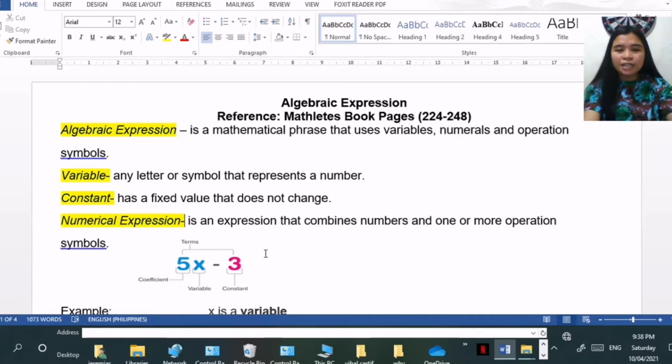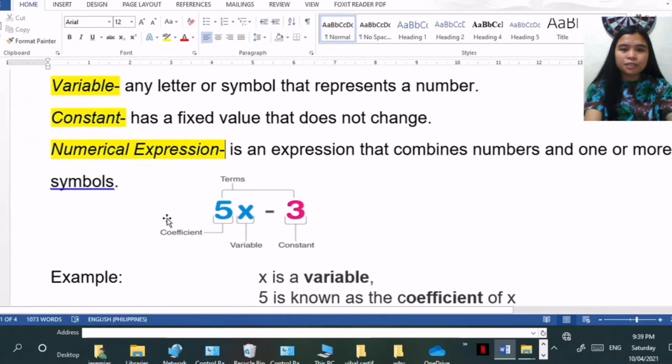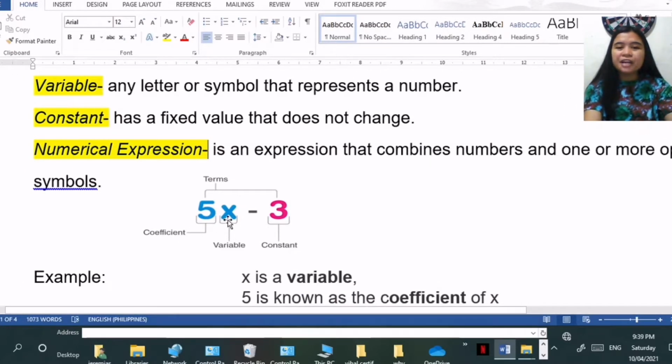Now, let's stay here first. We have here 5x minus 3. This is an example of an algebraic expression. So we have here 5x minus 3.